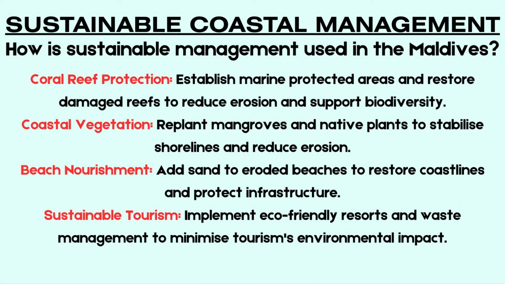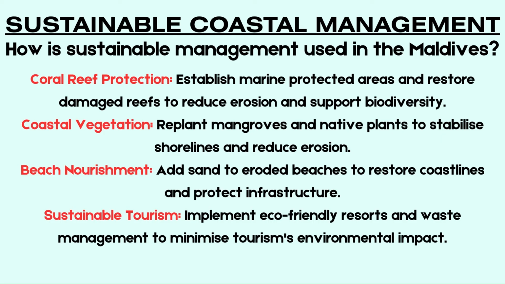Let's look at how sustainable coastal management is used in the Maldives. Coral reef protection. We can protect coral reefs by establishing marine protected areas and restoring damaged sections. This not only reduces coastal erosion but also supports rich marine biodiversity. Coastal vegetation.